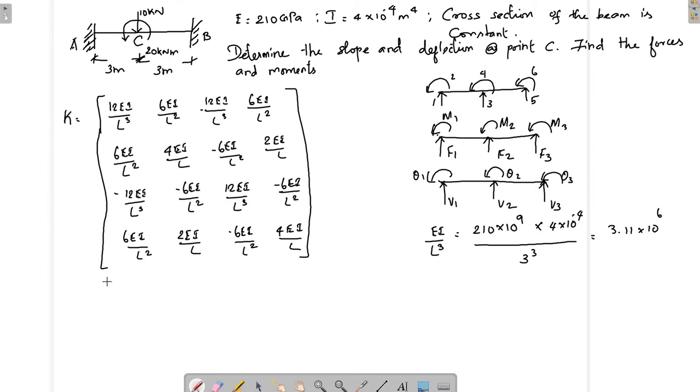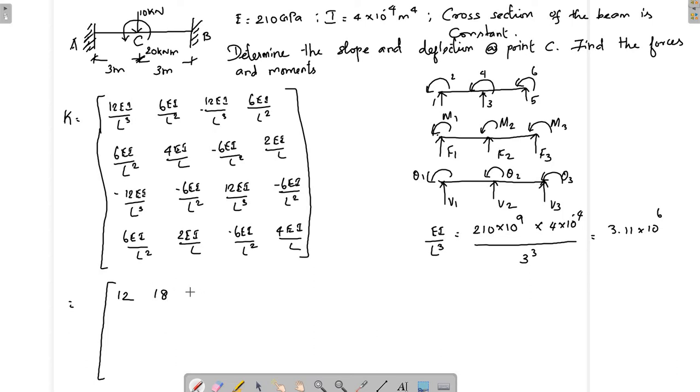So now I am taking EI by L cube outside, so the K value is 12. Here 6 EI by L cube, 1 L is missing, so we have to multiply 6 with L. So 6 into 3 is 18.